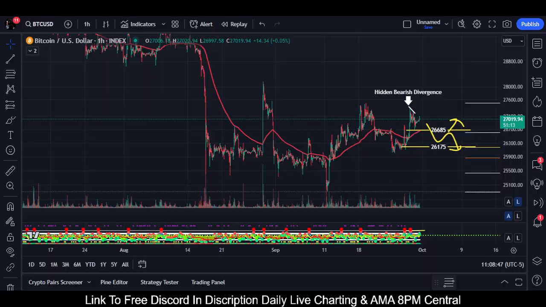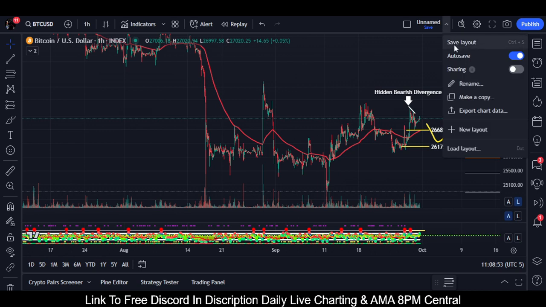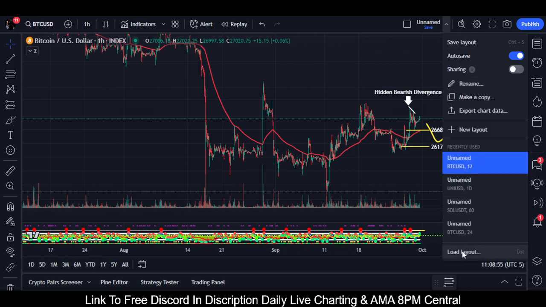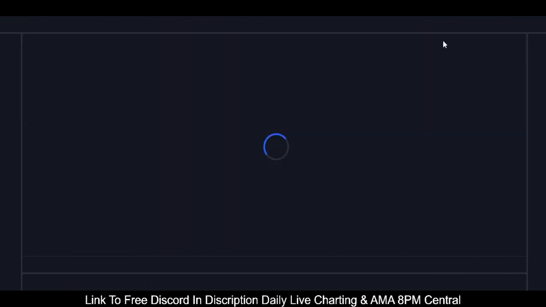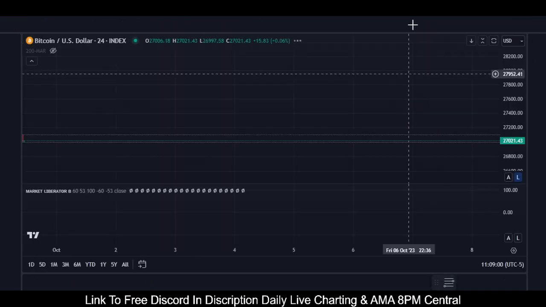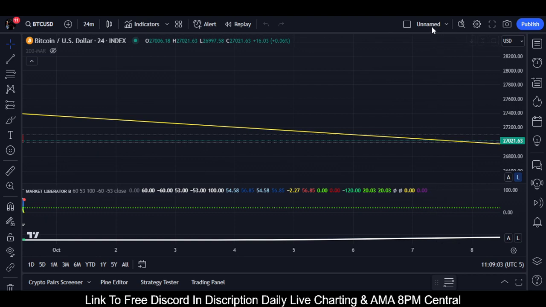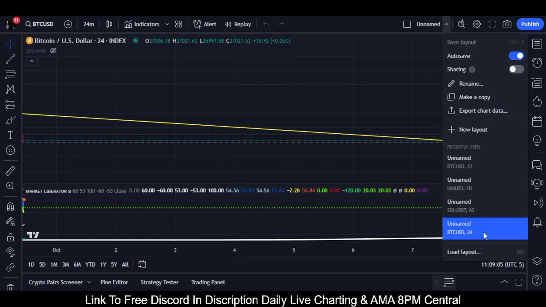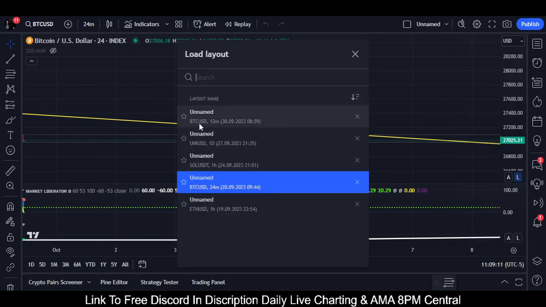We want to port it into TradingView, so we got to go and delete some of these old charts here. If you got too many charts, and you may need premium to pull these charts in, I'm not sure, but you can go to load layout. They allow you 1, 2, 3, 4, 5.